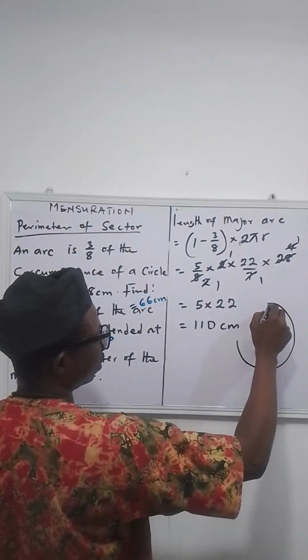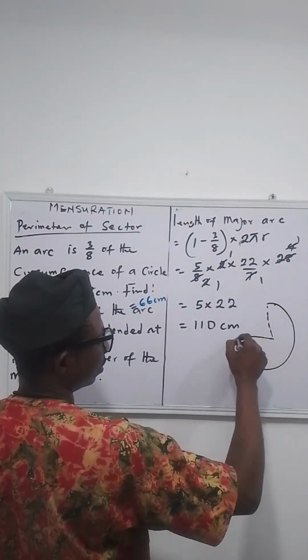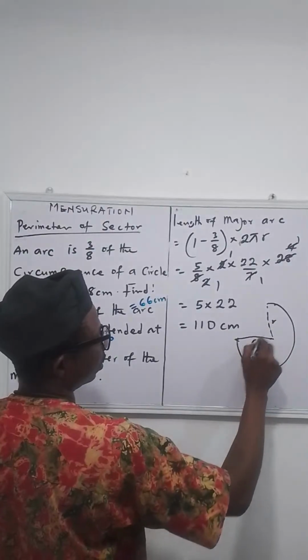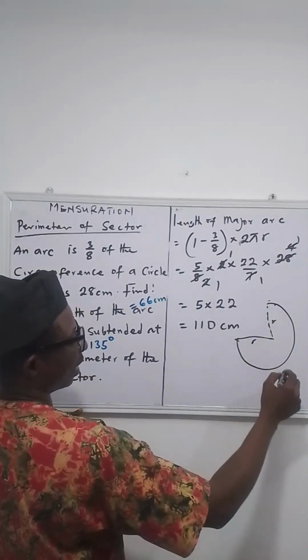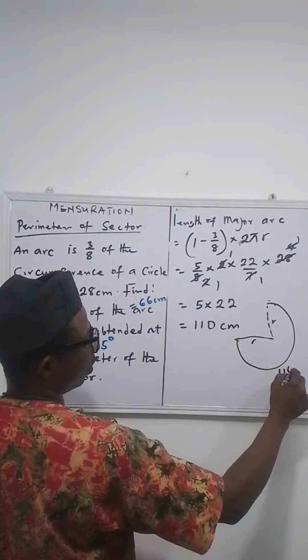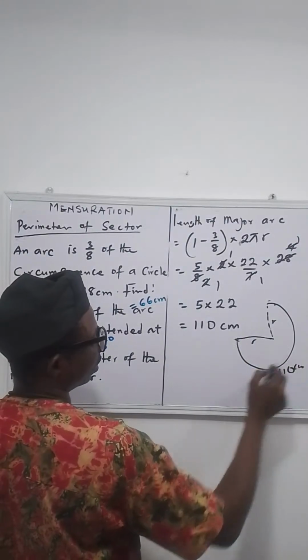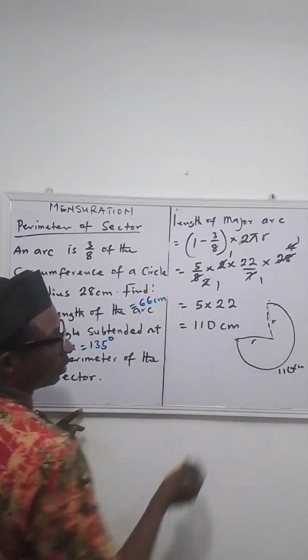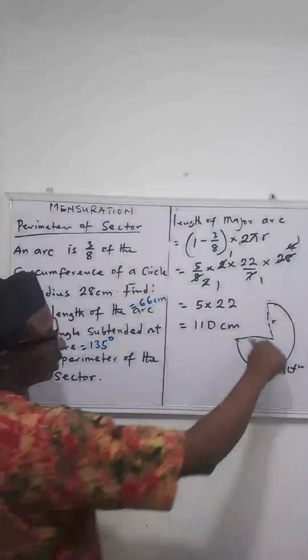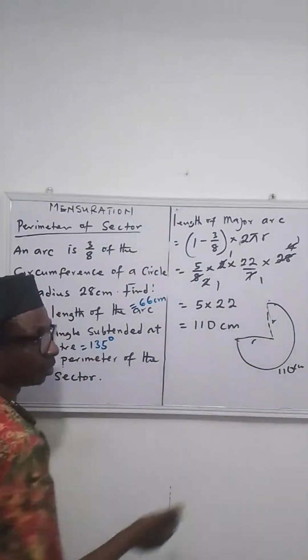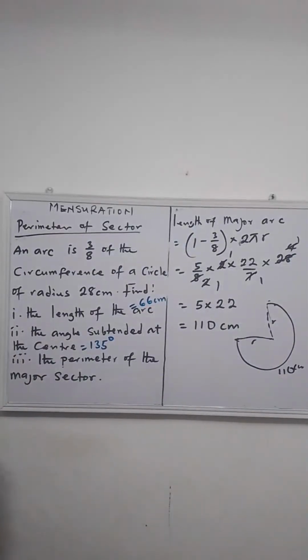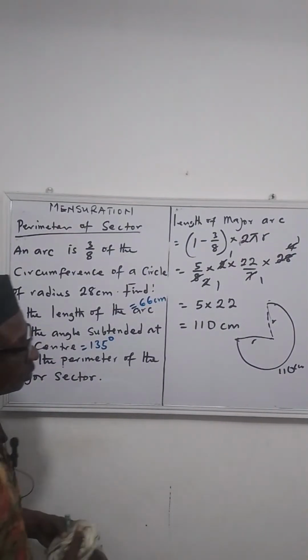So this is the radius. And the length of this major arc has been gotten to be 110 centimeters. So we add these 2 radii to it. That gives us the perimeter, the length of the boundary of the major sector.